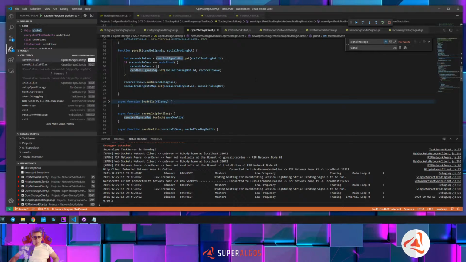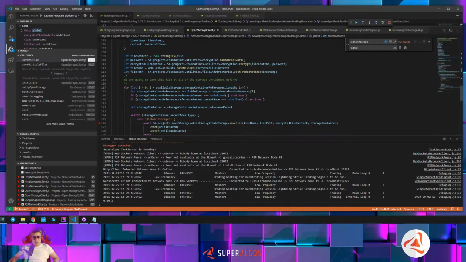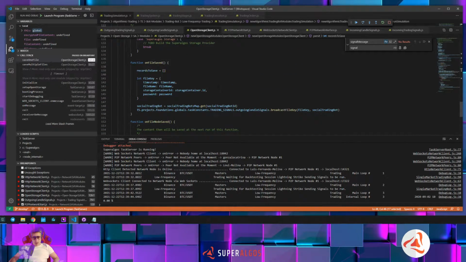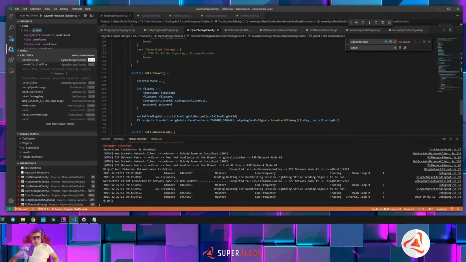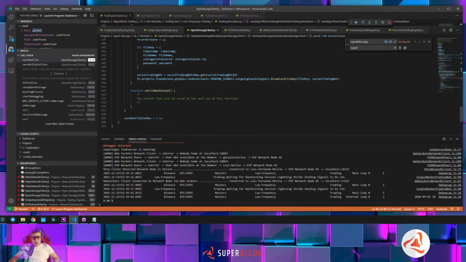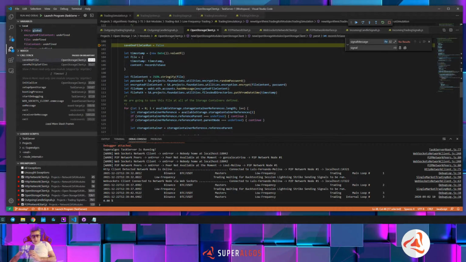This general candle single map. Candle single map. Get social trading bot ID. I think that I am not resetting this guy. Yeah, there is a problem that I'm not resetting this.